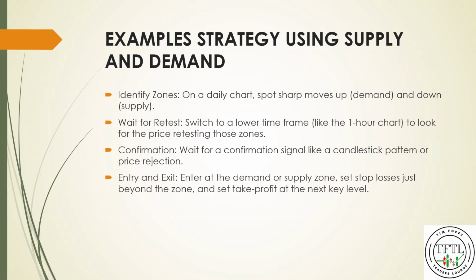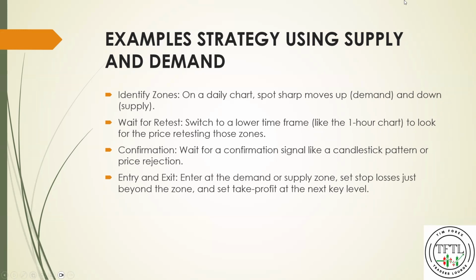Now in terms of your entry and exit, you enter at the demand or supply zone, you set your stop loss just beyond the zone, and set your take profit at the next key demand zone or key supply zone, or maybe you can set it using ranges, or maybe using risk to reward ratios, right?